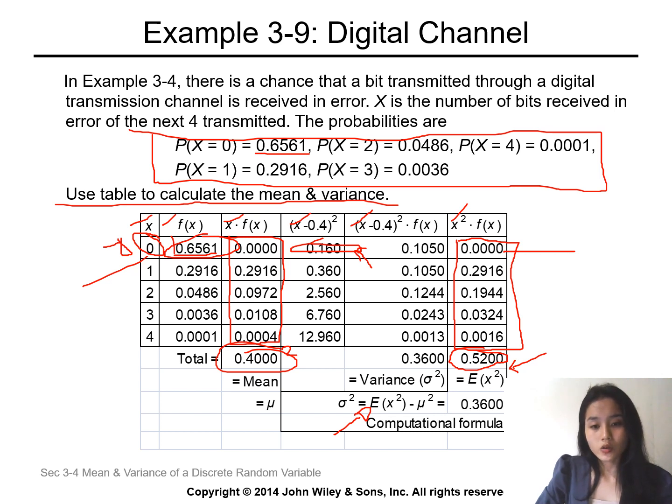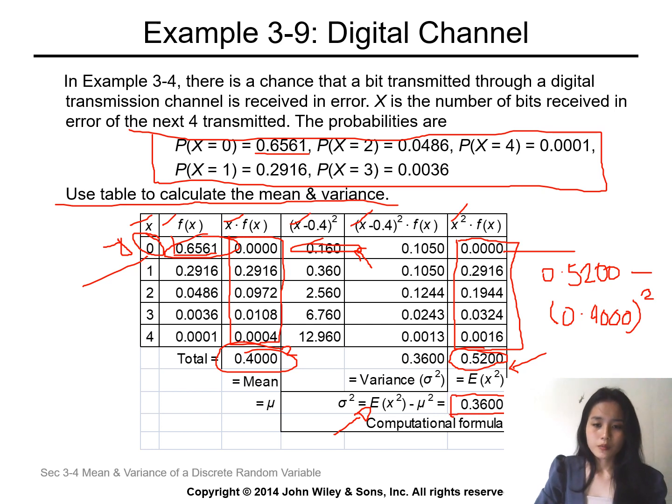So E of x squared is 0.5200 minus mean squared, 0.4 squared. The answer we arrive at is the variance, 0.3600. And the variance is denoted as sigma squared.